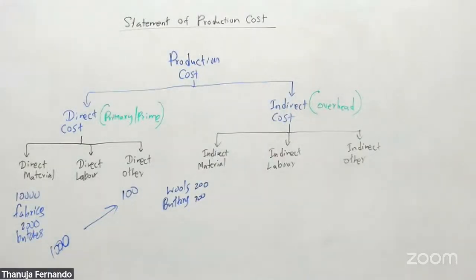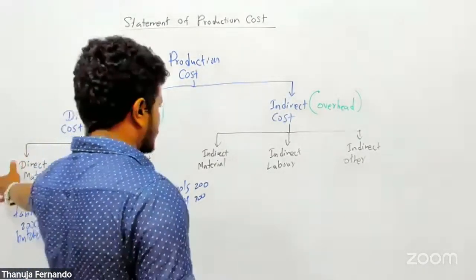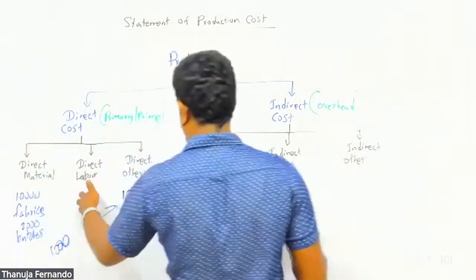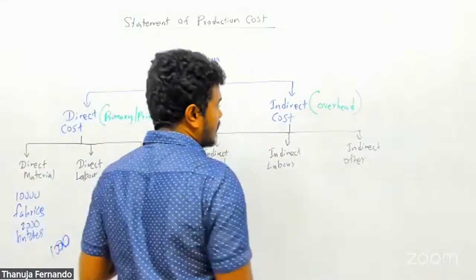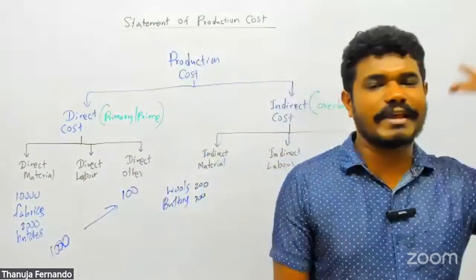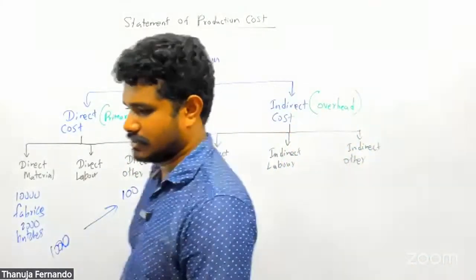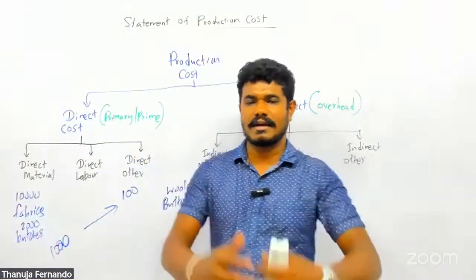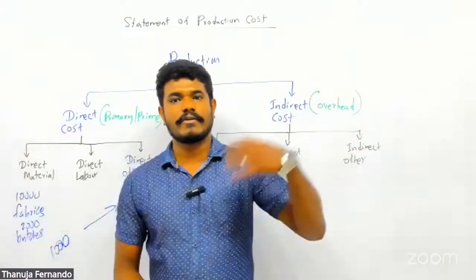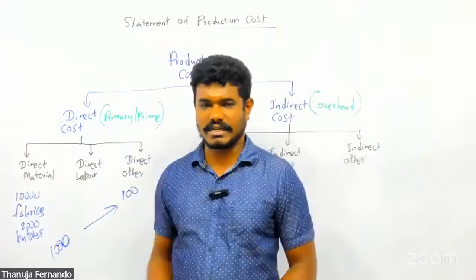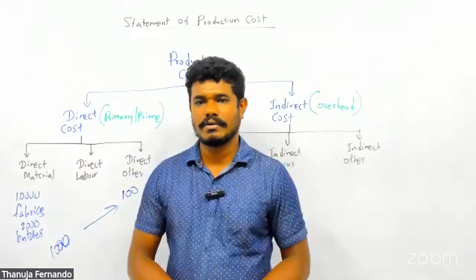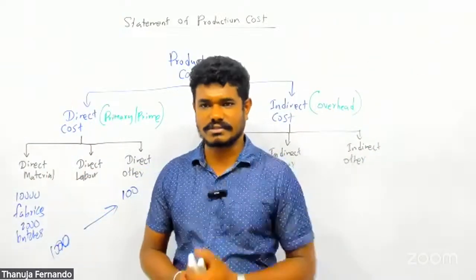Right? Now we know direct material, indirect material, direct labor, indirect labor, direct other. Now indirect other means all the others. Let's say in the factory there are other expenses: factory rent, factory electricity, factory gas, the other facilities, factory insurance.